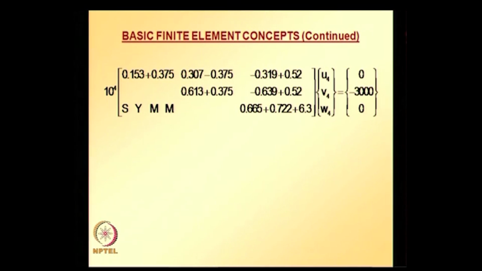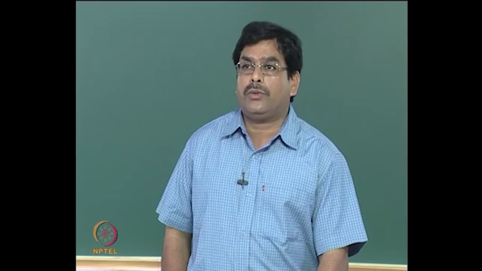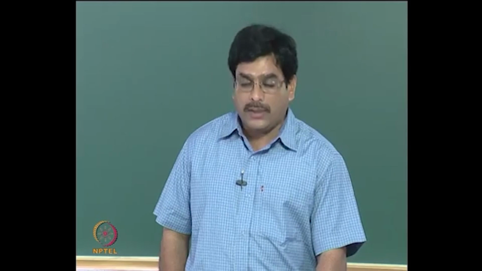The contribution is taken from there, and once we add up we get this reduced equation system. We can solve this equation system for the unknown degrees of freedom which are U4, V4, W4. This is a 3 by 3 equation system, so those unknowns U4, V4, W4 can be easily solved.